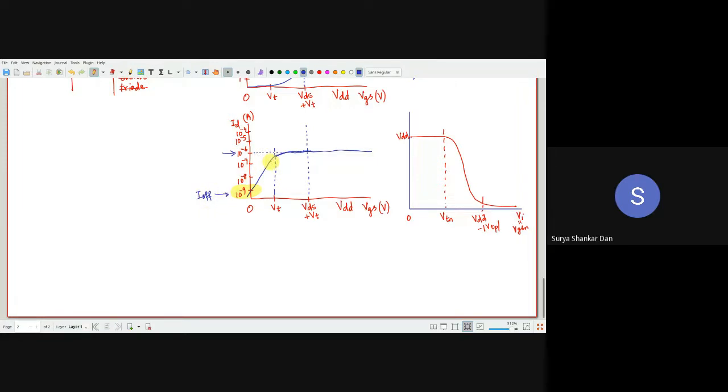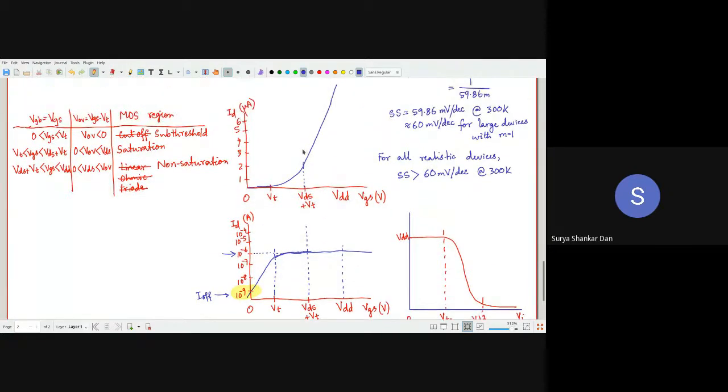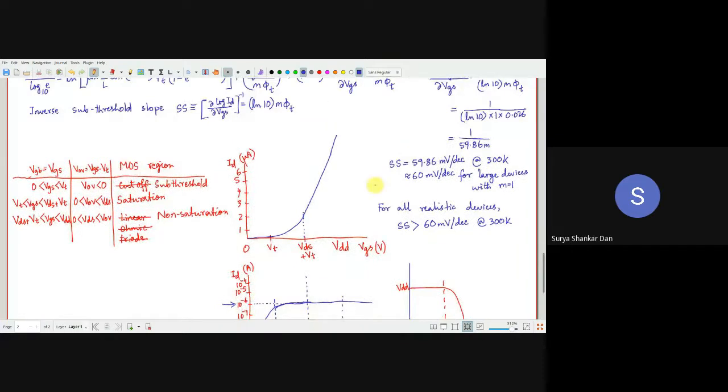And the current it is able to flow when the MOSFET has the maximum input VGS, for that you can only see the order of the current. Now for the on current part, we will look on the linear scale.